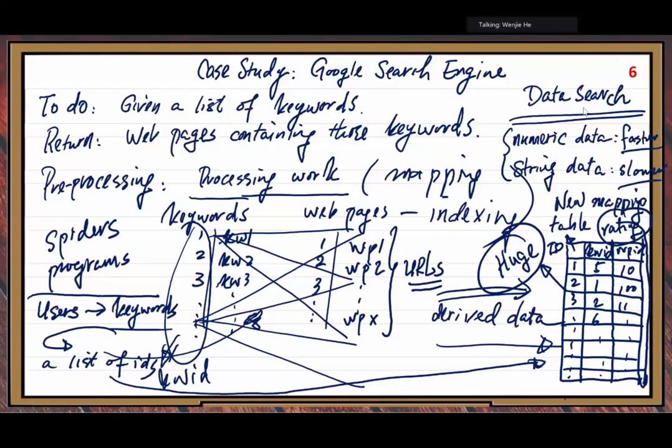So how do they make one particular web page important for one particular keyword? If this page is referred to by many other web pages, with more references, they count that number. So they create a criterion.